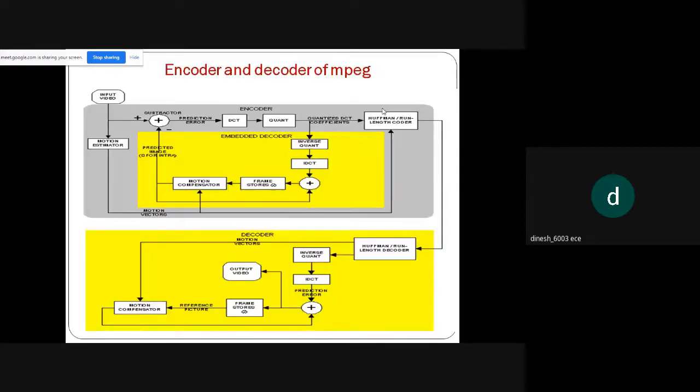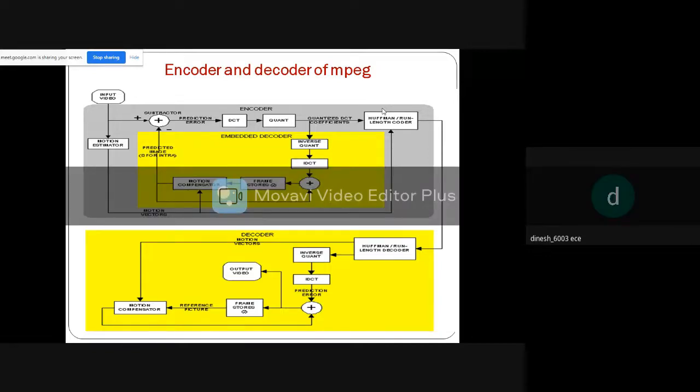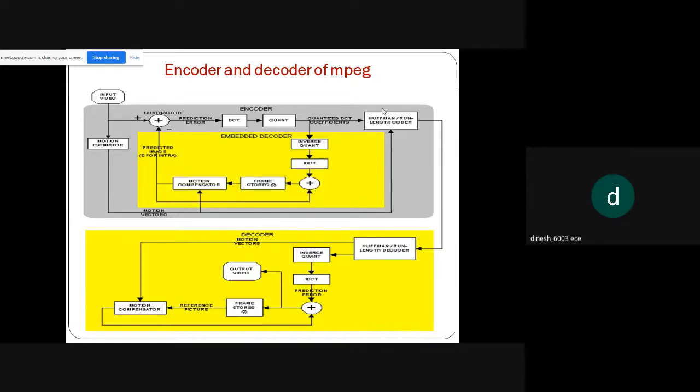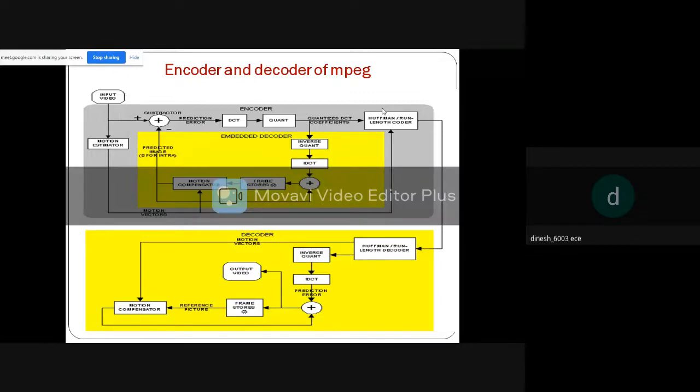So this is the encoder and decoder of MPEG. We have the input video, the motion estimator, then it is given to the motion compensator, then to the length coder. We'll be using Huffman encoding most probably in both the encoder and decoder, since Shannon-Fano codes are much less efficient than Huffman codes, so Huffman coding is preferred.